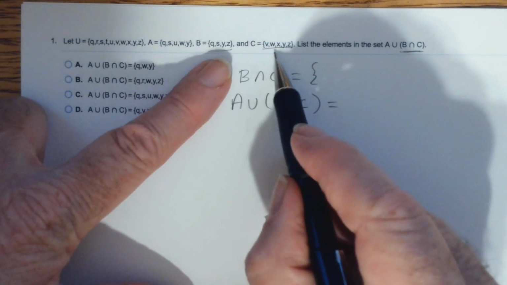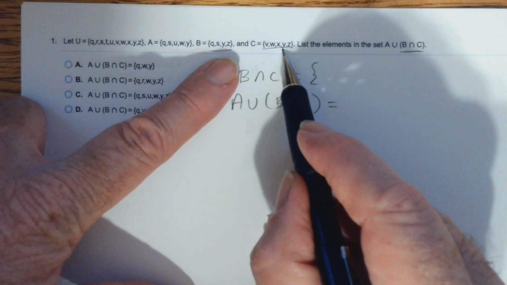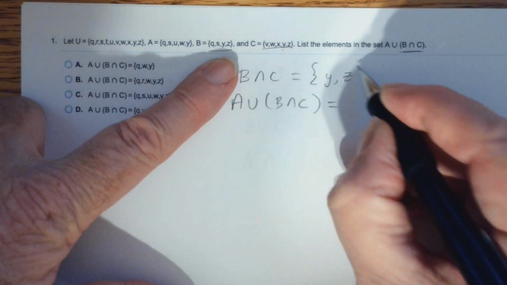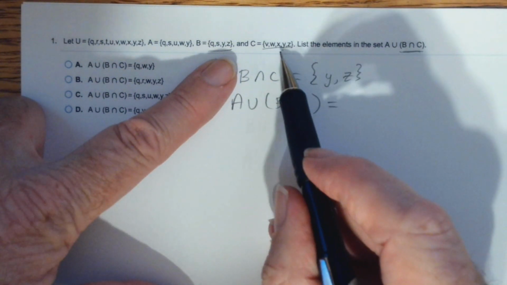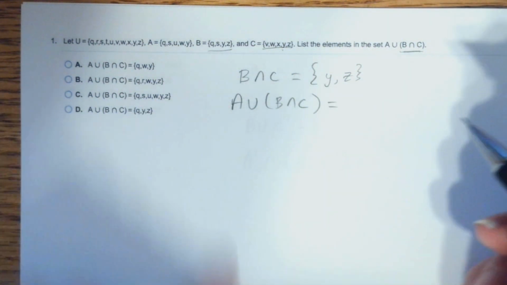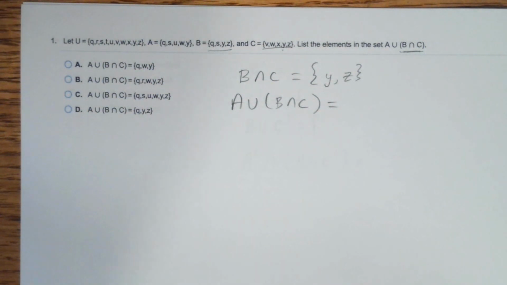Q, S, Y, and Z. It looks like Y and Z are the two elements they have in common. X, W, V, we don't have any of those over here. So the only two elements that B and C have in common are Y and Z, and so that's the intersection of B and C.